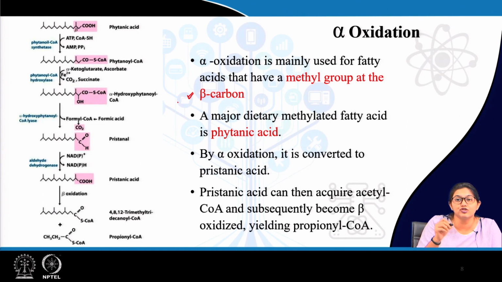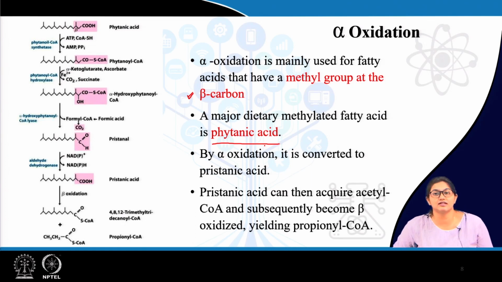So, those beta carbons cannot undergo beta oxidation because they cannot be oxidized. One such important dietary methylated fatty acid is phytanic acid. Here we will discuss alpha oxidation with the example of phytanic acid.